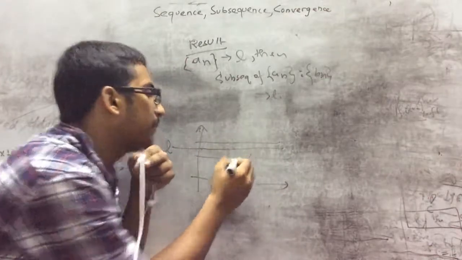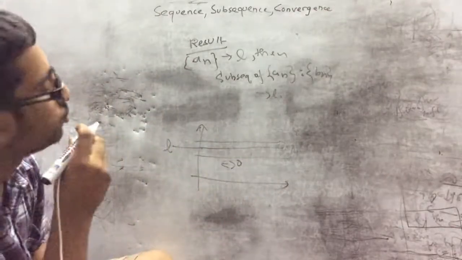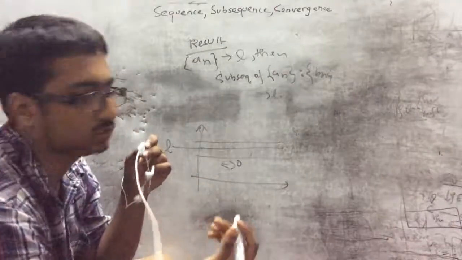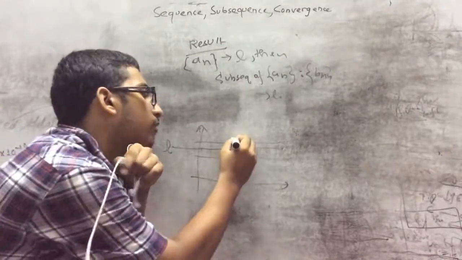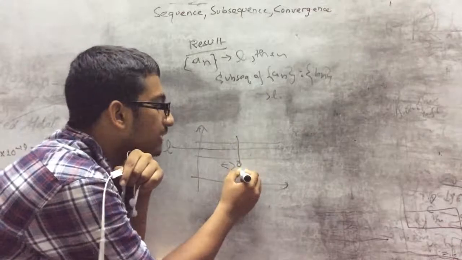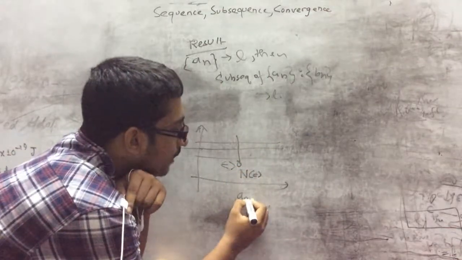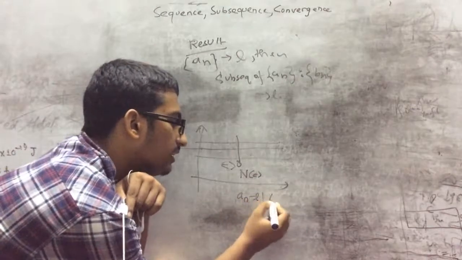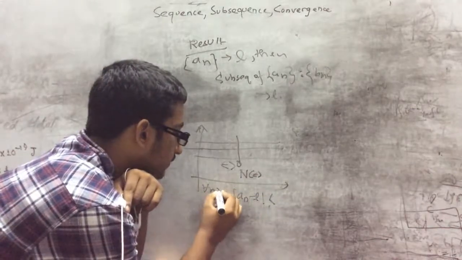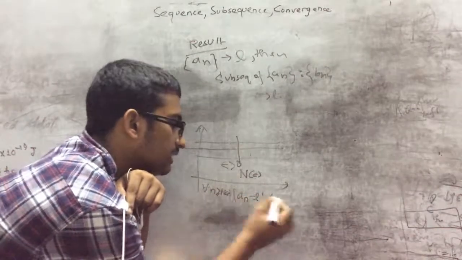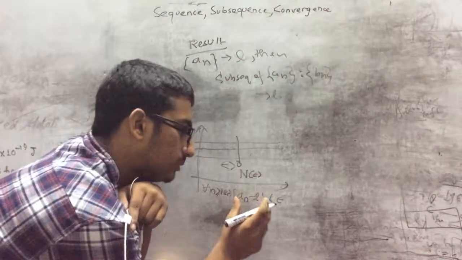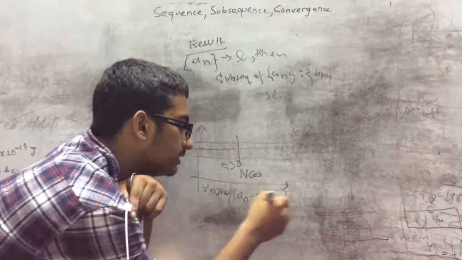That's the main step in every proof of convergence to a limit. For this epsilon, we know there is an N of epsilon such that for all n greater than or equal to N of epsilon, the modulus of a_n minus L, the distance, is less than epsilon.